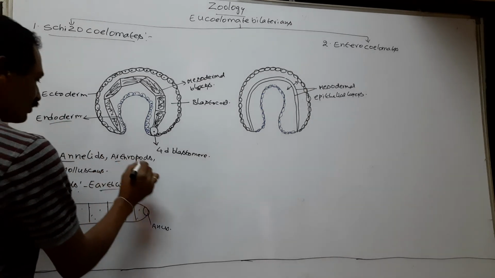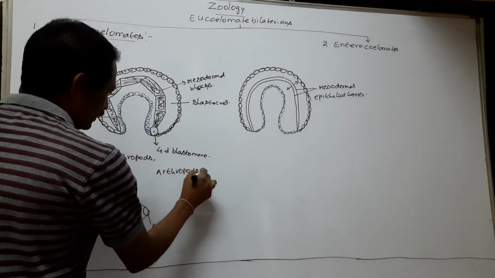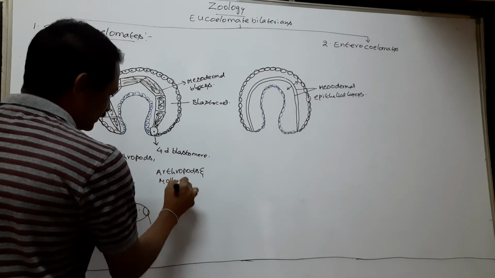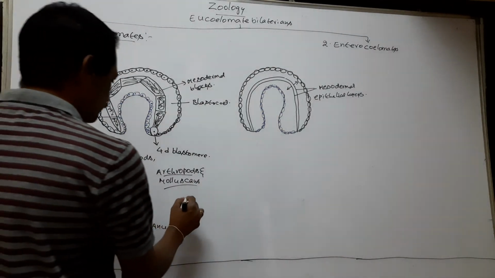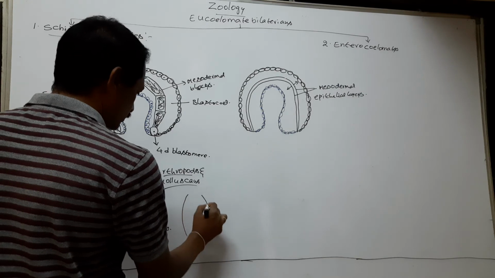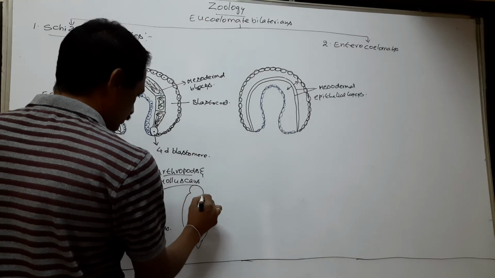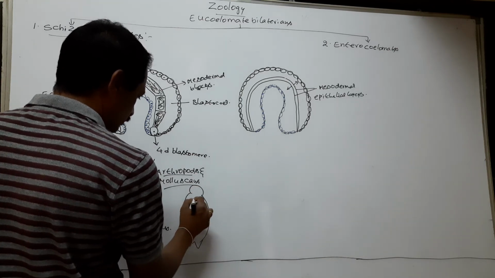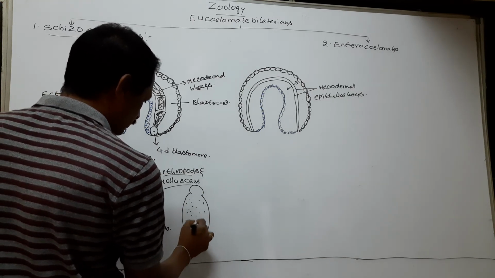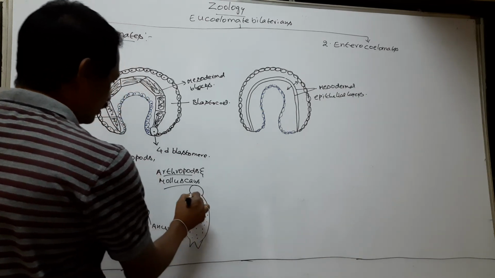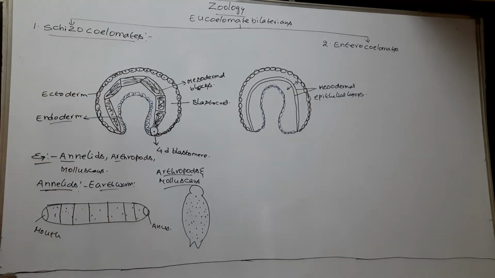Next, in the arthropods and molluscans, the true coelom or schizocoelom is located around the visceral organs.